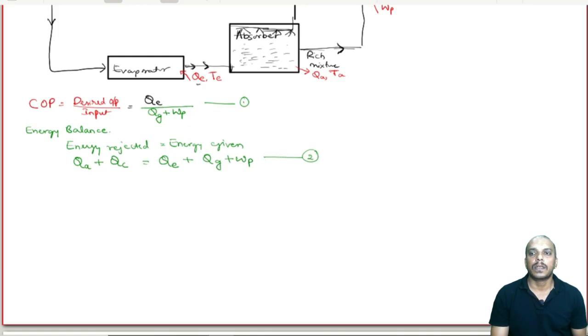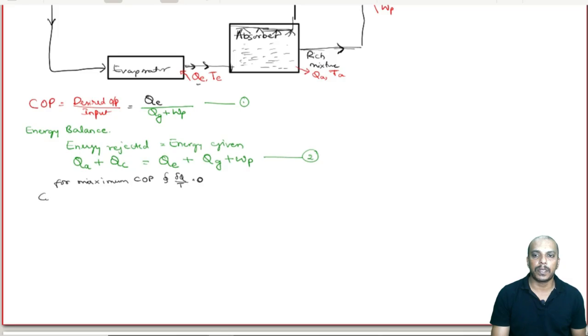Call this equation 2. Now we know for maximum COP, the cyclic integral of delta Q by T, that is the change in entropy, must be equal to zero. So I will try to write this in terms of divided by temperature.